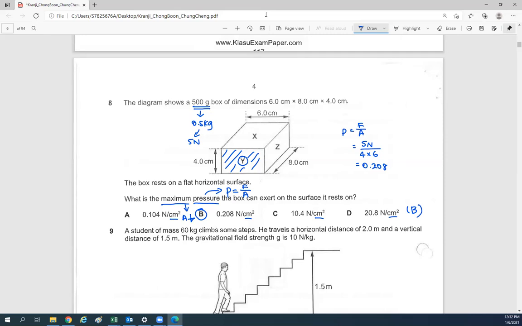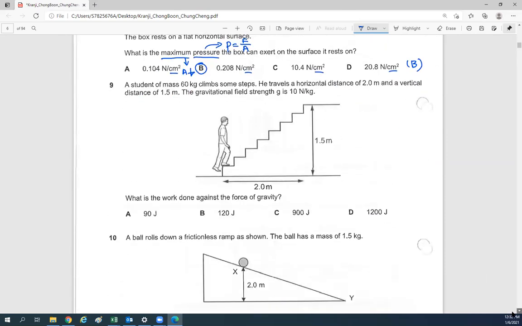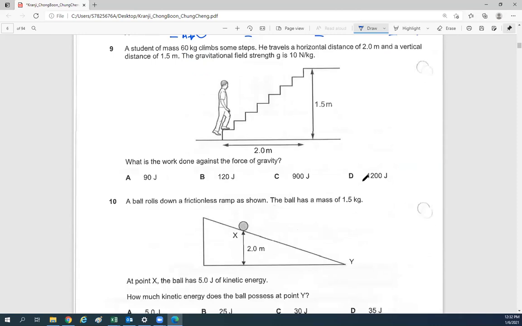So if there are any questions, you have to just unmute yourself and speak up. Okay. Let's move on to question 9 then, if there are no questions.